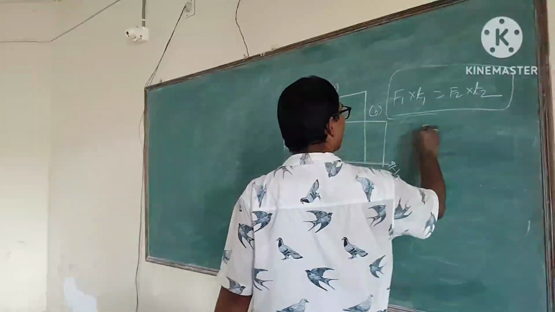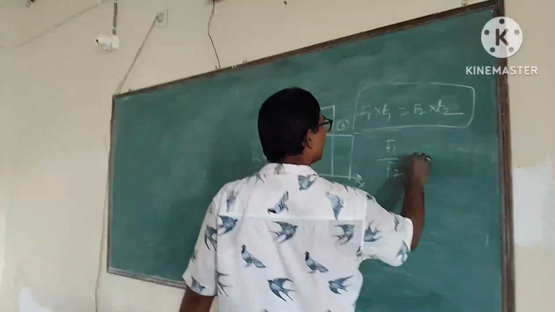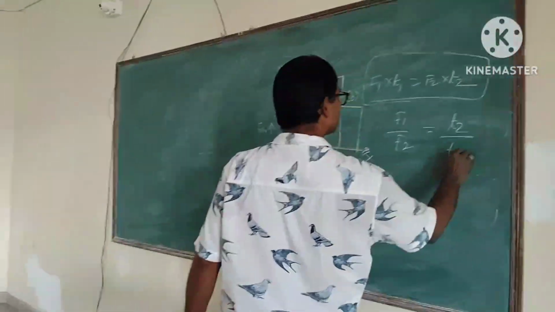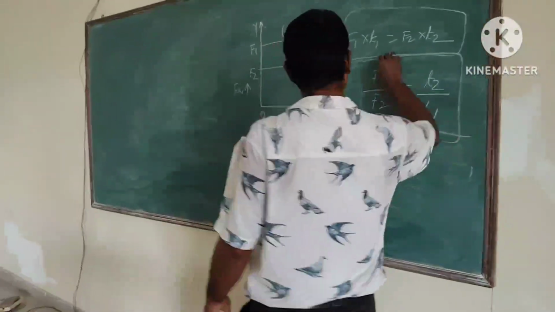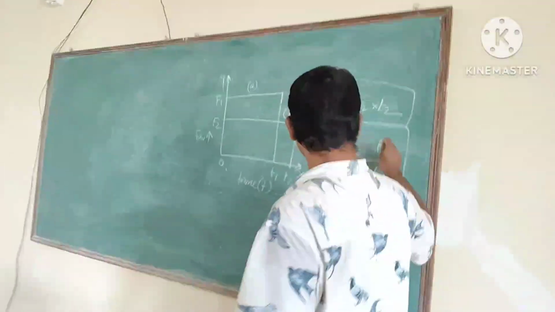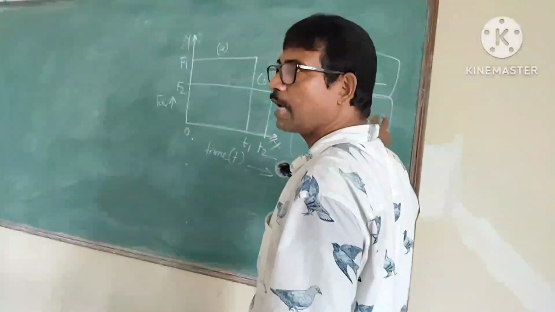जैसे हुआ, कैसे हुआ, F1 by F2 देखो is equal to T2 by T1 हुआ, तो फर्स्ट केस का जो कर्व था वो टाइम इंटरवल का साथ सेकंड टाइम का साथ डायरेक्टली प्रोपोर्शनल.